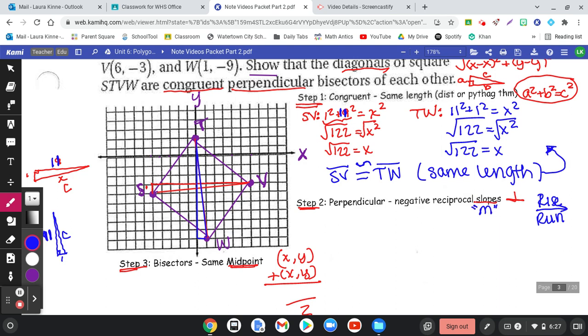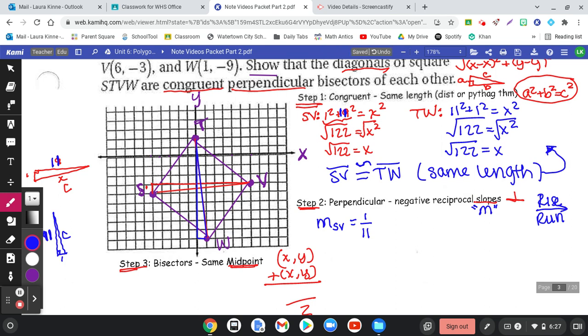So when I want to say the slope of SV, I'm going to put a lowercase m, and then SV is subscript. We're going to be doing a lot of stuff like this throughout the chapter. It's important that you keep yourself organized. So from S to V, you always start from the left, the point that's furthest to the left, up 1 over 11.